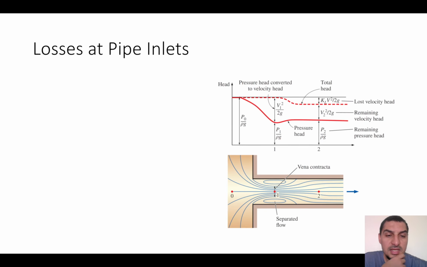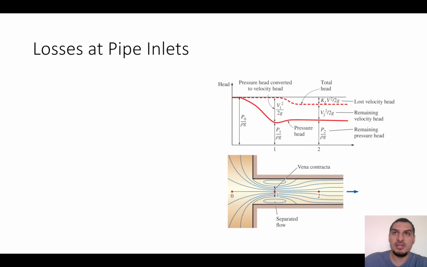Just to understand why the sharp-edged pipes lead to more losses, we need to understand how fluids flow. Fluids cannot take sharp turns. They cannot move forward and then directly move 90 degrees to the right. They have to go through a curvature. I think you have seen this many times.